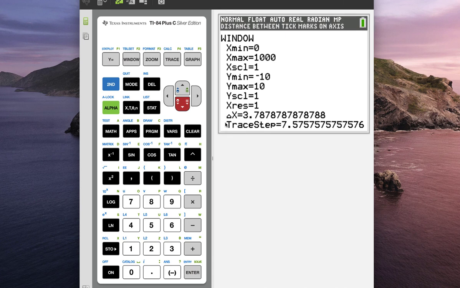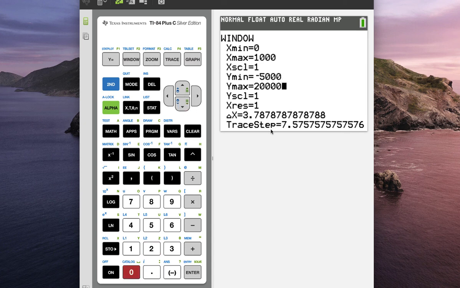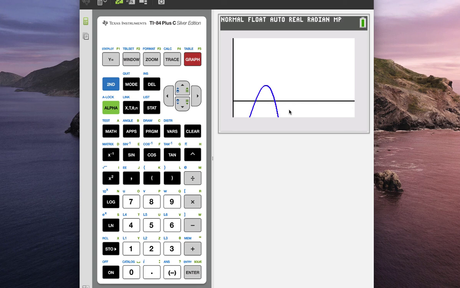And let's keep in mind, I'm trying to look for when I am above and below 0, right? So I'm going to keep my y values kind of like this. Let's do like negative 5,000, okay, up to 20,000, just to give us enough space underneath of 0 so that we can see things. All right, so here's our graph, okay?